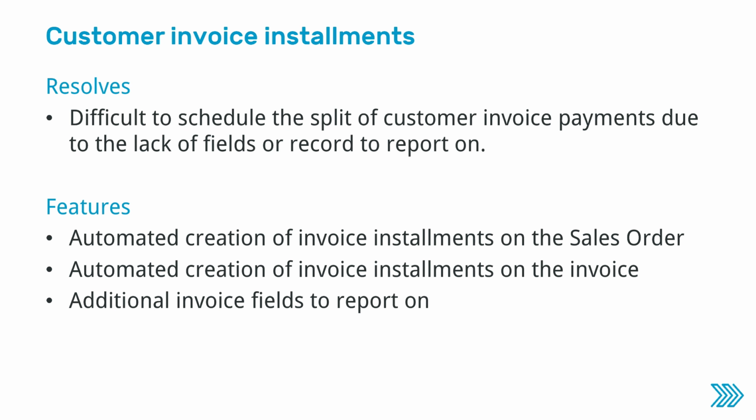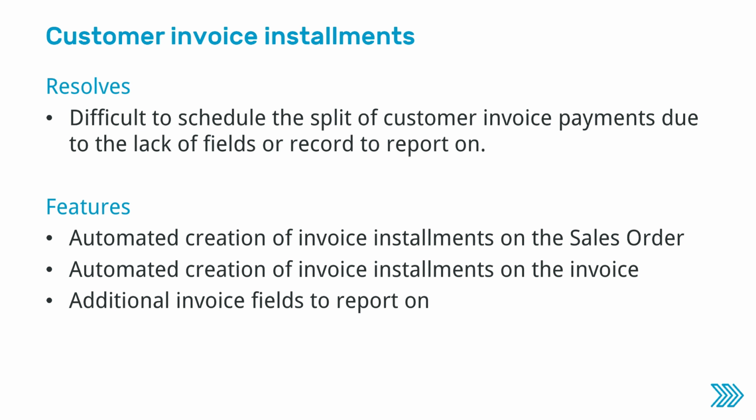You can also create an invoice directly and set different installment dates for this invoice. Those fields for the installments are also available in the different reports and saved searches. So that's really handy to use those fields for reporting on those installments.